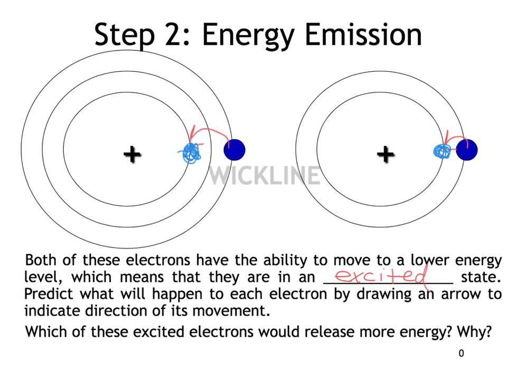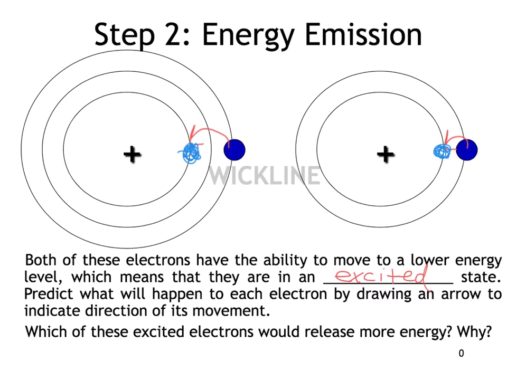Alright, so I drew in my answers. I have the first electron going down 2 orbits to orbit 1, and the second electron is going down 1 orbit to orbit 1. Which of these excited electrons would release more energy? I think it's relatively clear that the one that would release more energy is the one that falls the most number of levels.